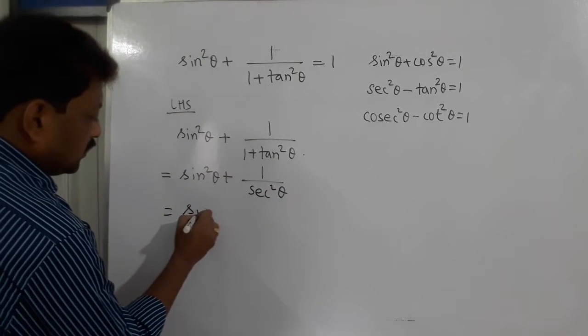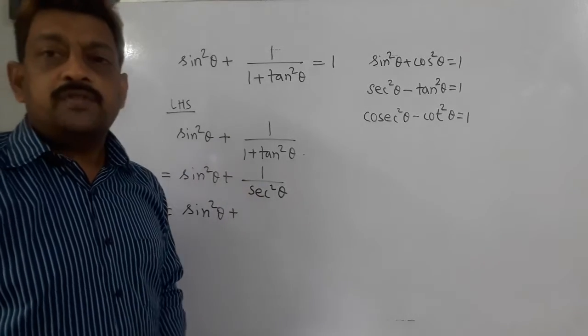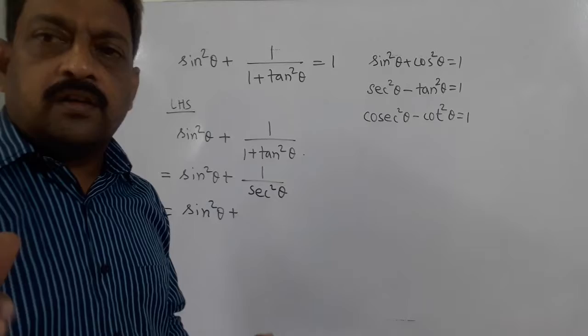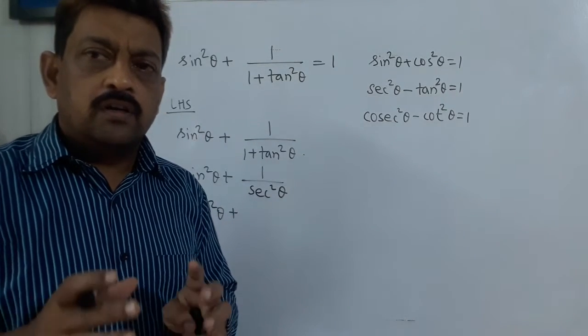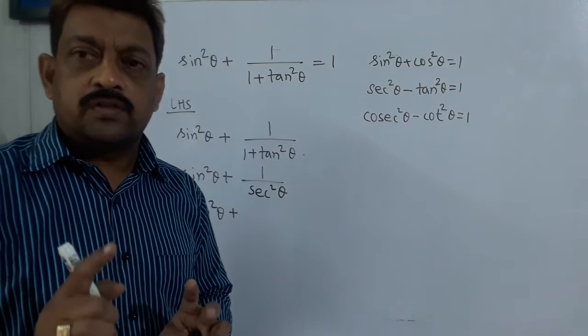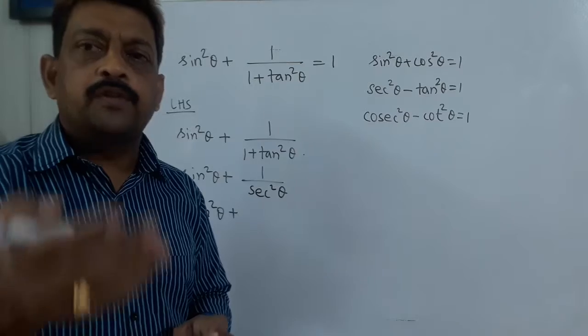So this becomes sine square theta plus 1 upon sec square theta. Sec theta is the reciprocal of cos theta. That means cos theta equals 1 upon sec theta, or sec theta equals 1 upon cos theta.